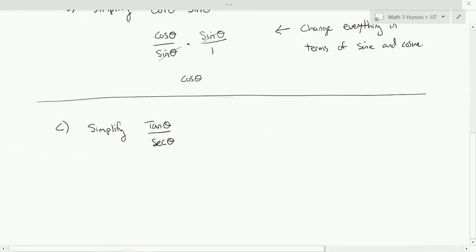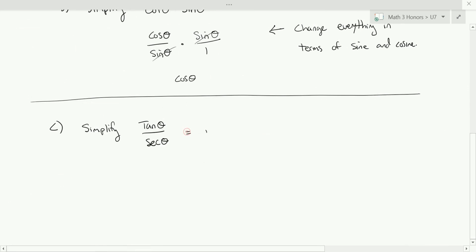Okay? So in this case, I could write this as tangent theta times what? Cosine theta. So if you know the reciprocal function, I'm moving this to the numerator. Whatever you move to the numerator, just change it to its reciprocal function. And that's a quick way to get rid of fractions. Again, this is going to be a helpful technique for you as things get more complicated.